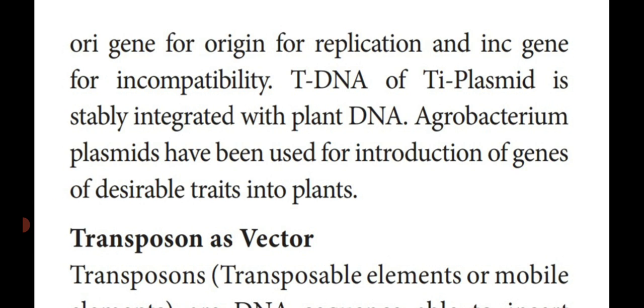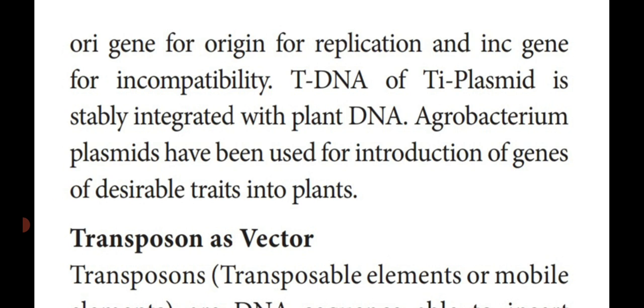So normally the tumor inducing DNA is transferred by inserting another DNA or foreign DNA by a vector known as the Ti plasmid, which is present in the Agrobacterium tumefaciens bacteria.